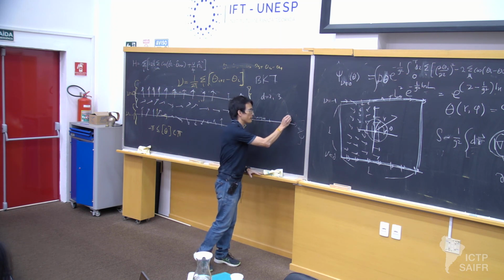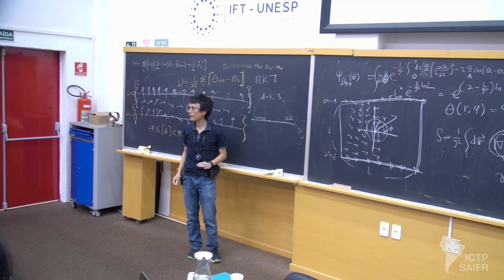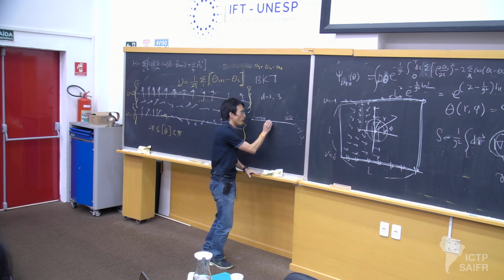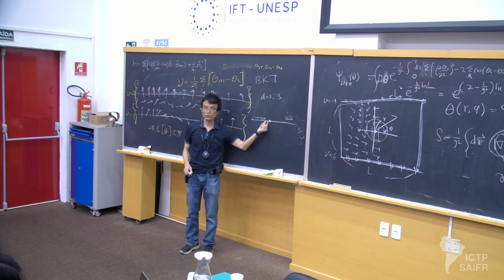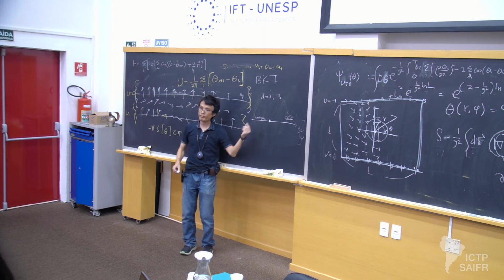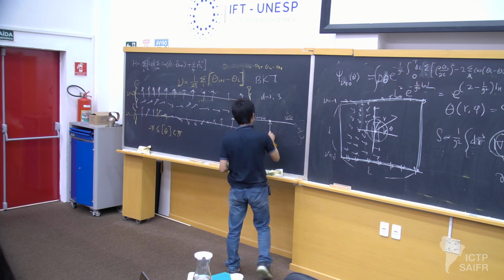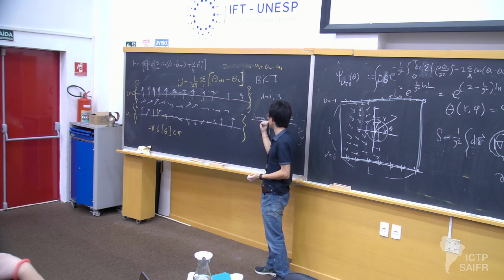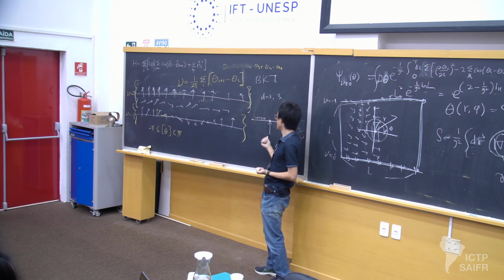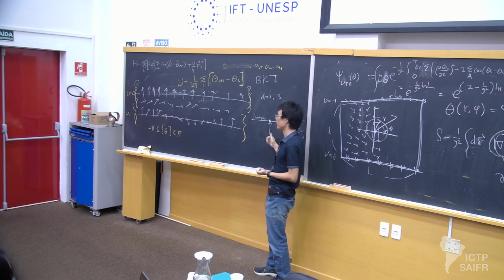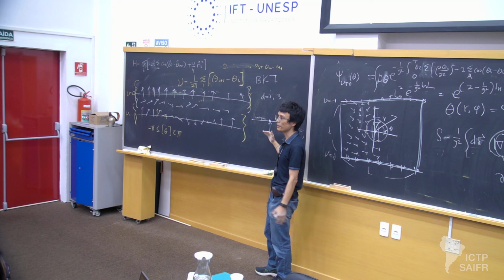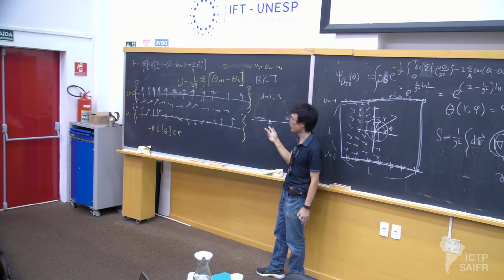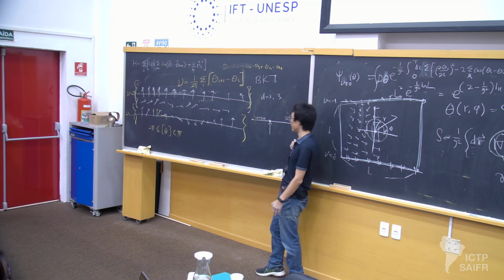Then there must be some phase transition between these two limits. What happens at this critical point is called a quantum critical point, because this is all driven by quantum fluctuation. This is zero temperature. You're not tuning temperature, but some parameters in your Hamiltonian.